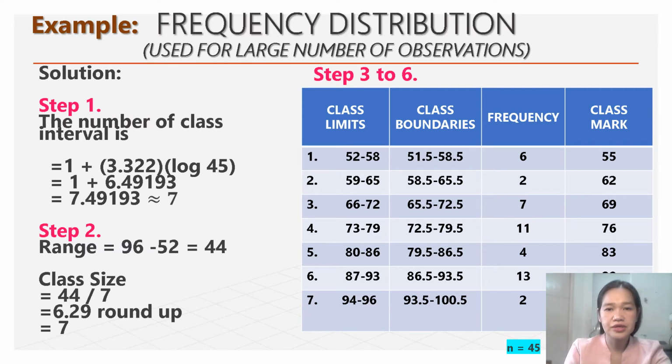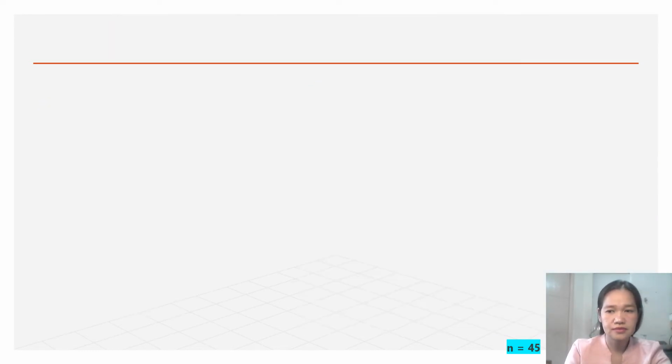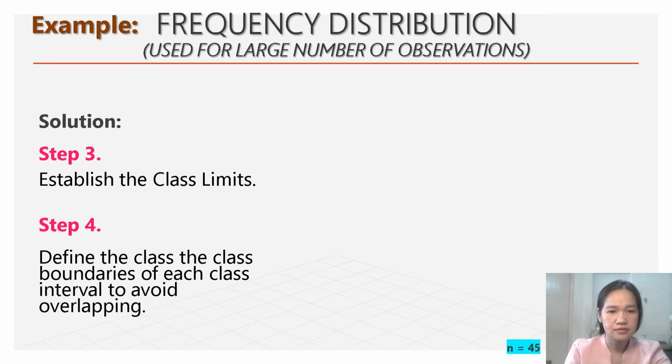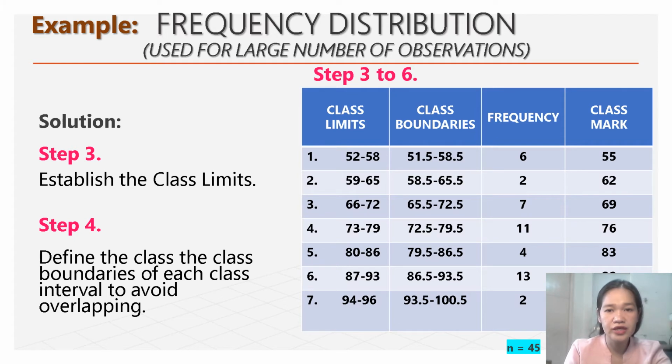It is a number halfway between the upper class limit of one class and the lower limit of the next class interval.